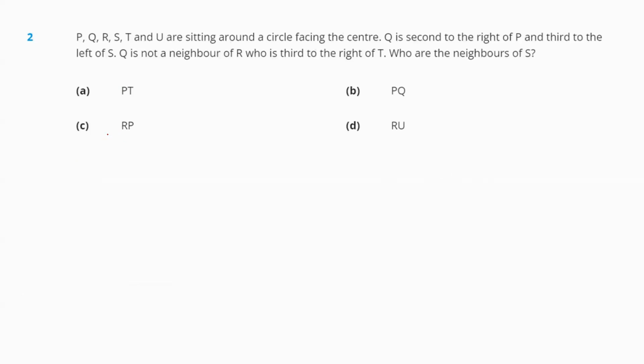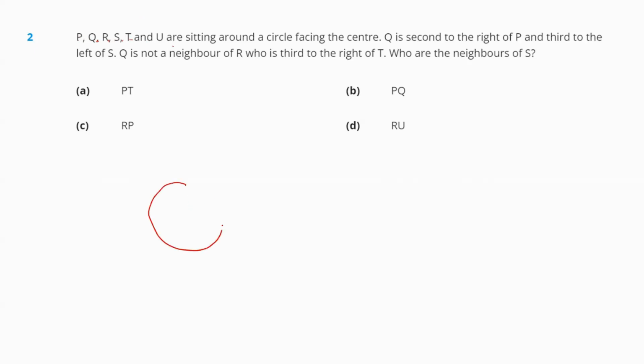P, Q, R, S, T are sitting around a circle facing the center. Q is second to the right of P and third to the left of S. Q is not a neighbor of R, who is third to the right of T. Who are the nearest neighbors of S? So we have 1, 2, 3, 4, 5, 6.